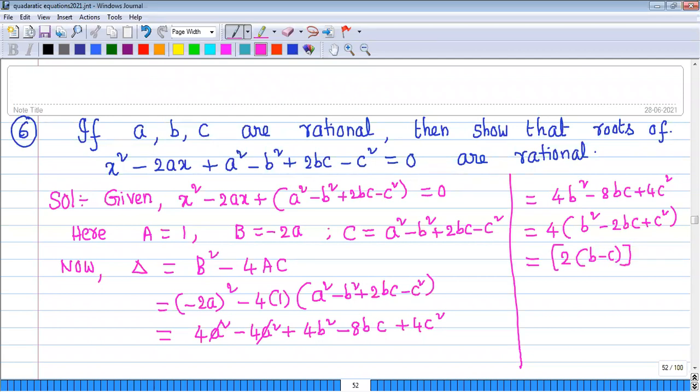That means delta is nothing but a perfect square. If delta is a perfect square, obviously the roots are always rational. Hence, the roots are rational.